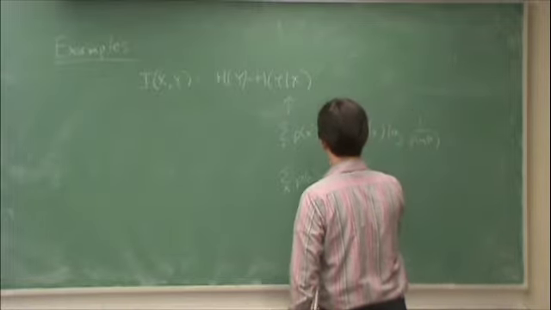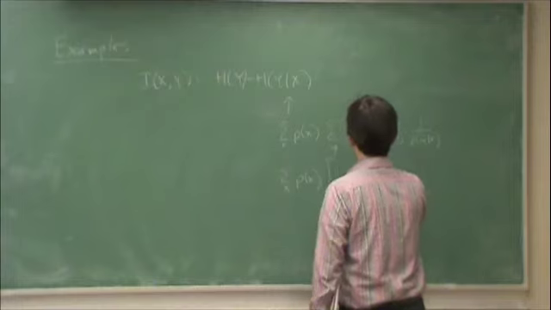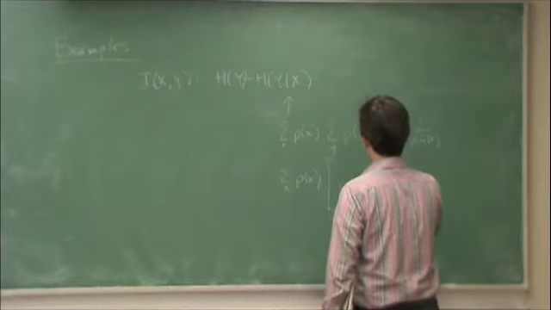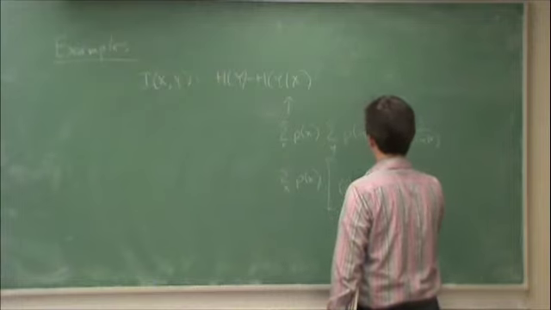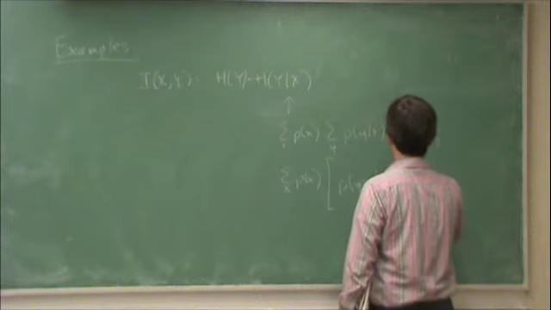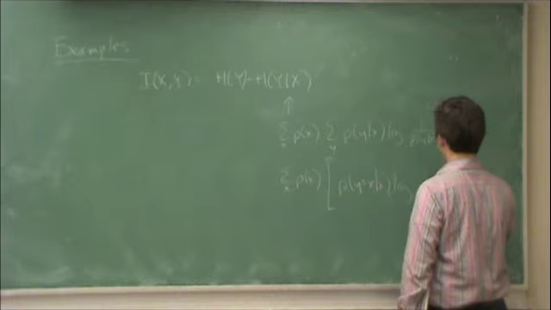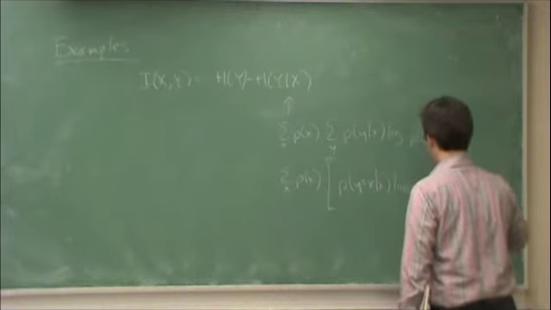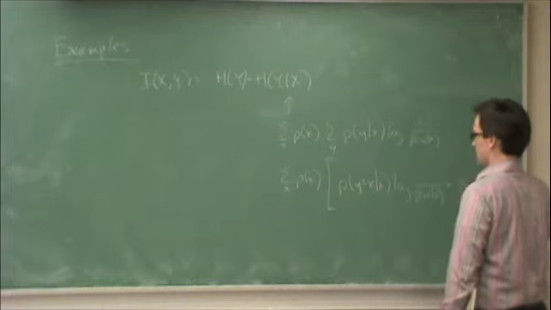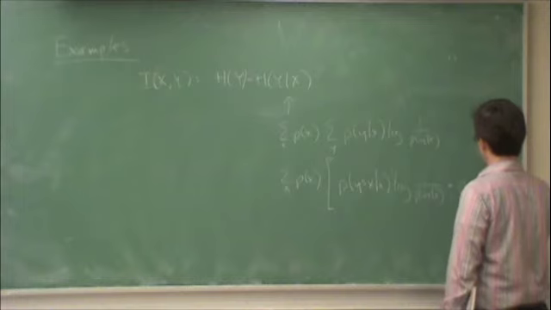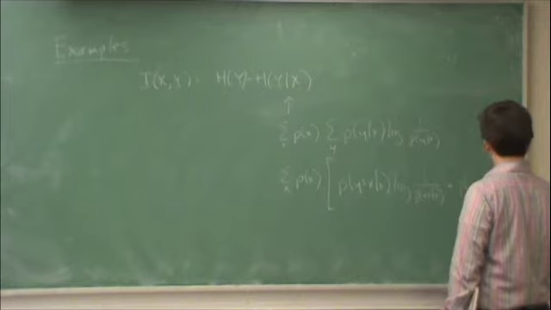Let's write it like this: p(y equals x given x) log 1 over p(y equals x given x), plus p(y not equal to x given x) log 1 over p(y not equal to x given x).